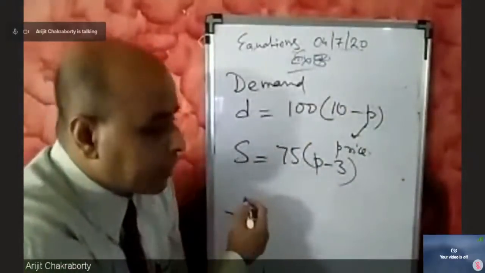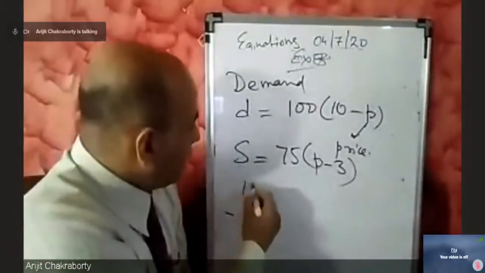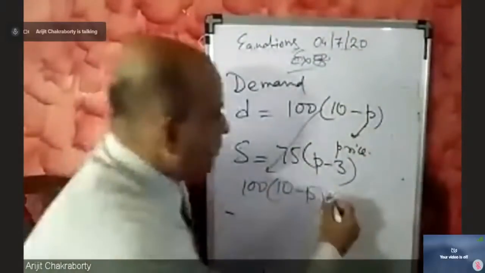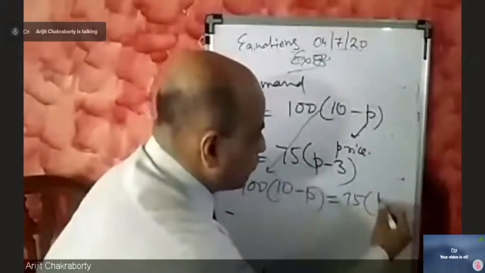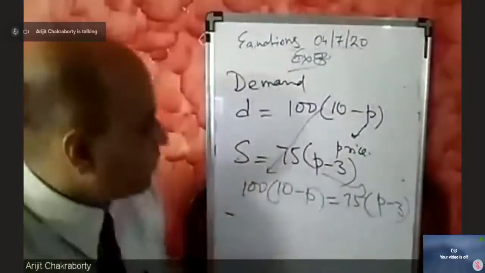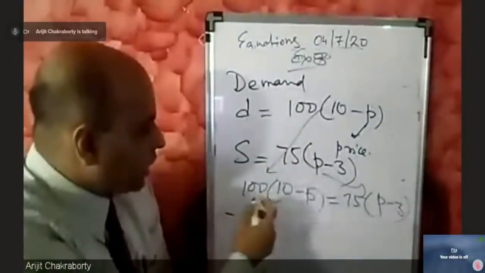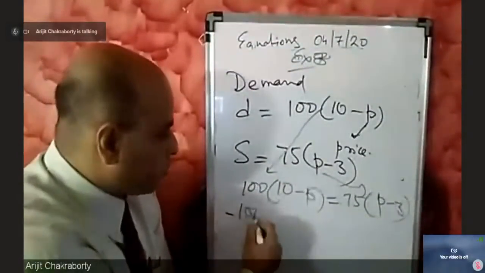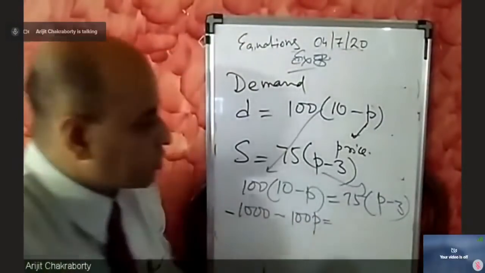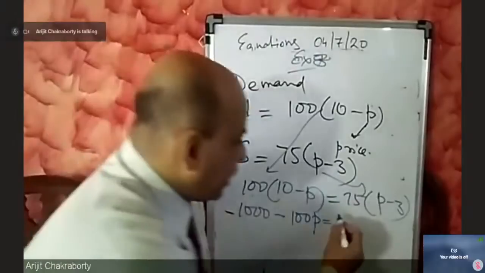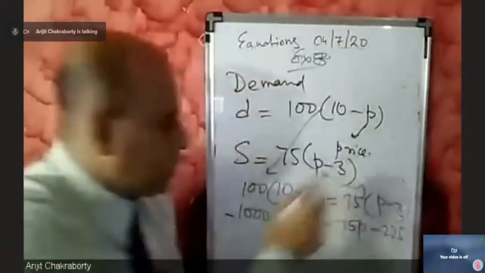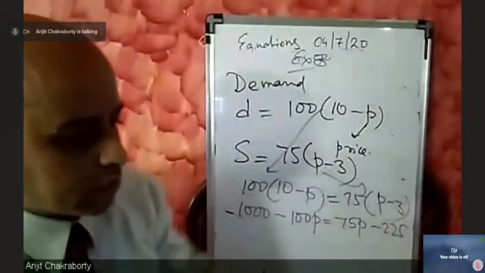So we get 100 into 10 minus P, the first equation, equal to 75 into P minus 3, the second equation. Now if I equate it, let us work it out. 100 into 10 minus P, that is 1000 minus 100P, is equal to 75 into P minus 3. So we have 75P minus 225, because 75 into 3 is 225.